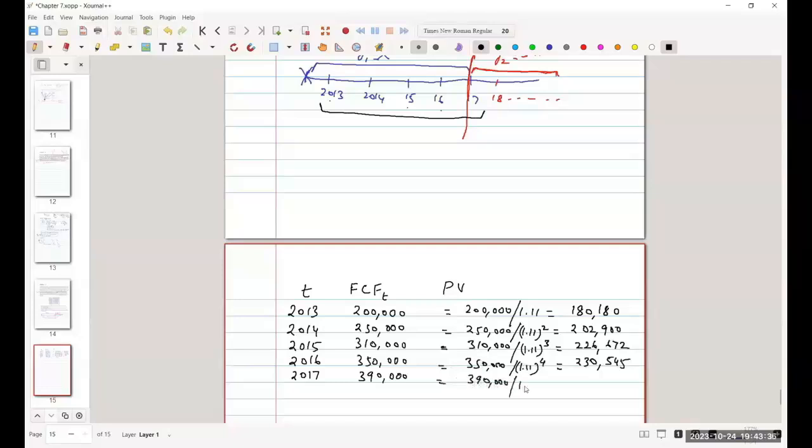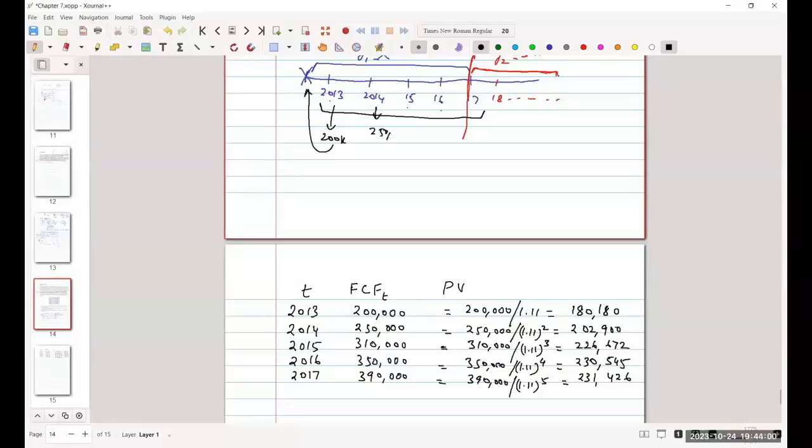We discount that, finding the present value. Will give us 231,426. So basically, it is just like doing this. The value that we had here, we had 200,000, 200K. We took it back to times 0. We had this value here, 250,000.